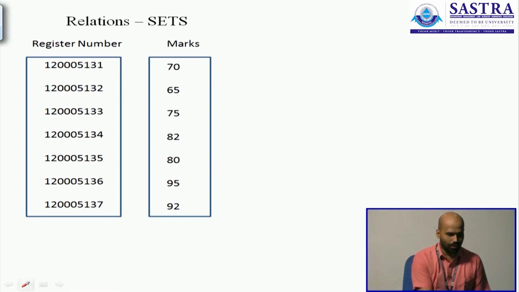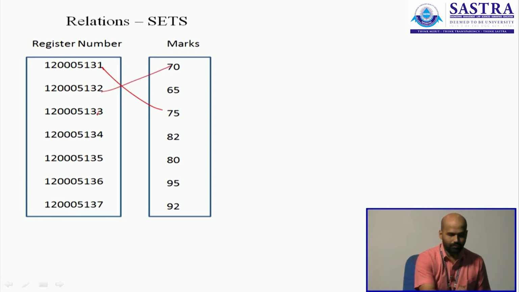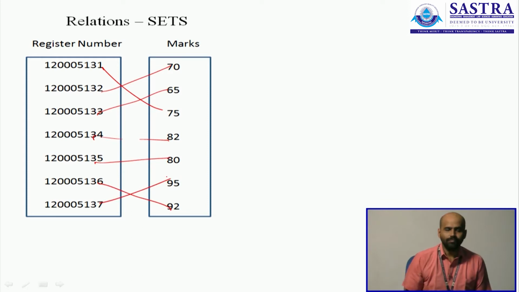For every student we can assign 1 mark as a result of a test. For every element on this set of register numbers we can assign a mark which is on the set on the right. So this forms a relation between these two sets.